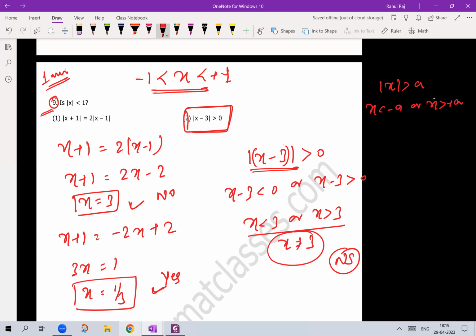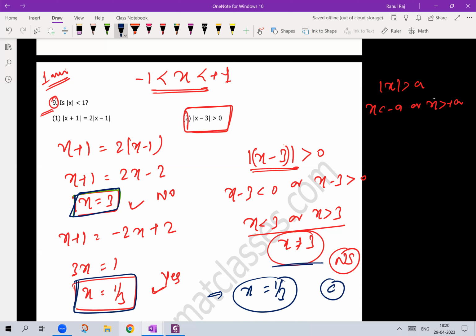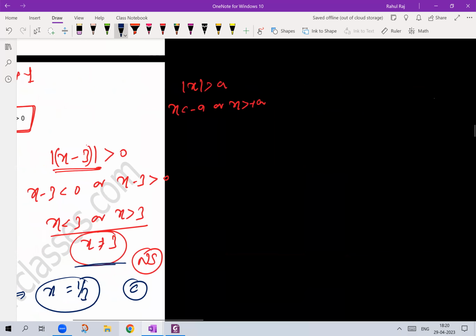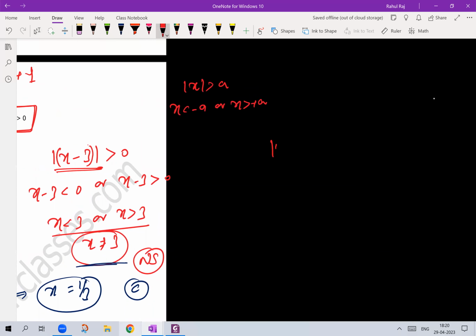But when you combine this, what happens? X is equal to 3 and 1 by 3 from option number 1. Option number 2 says x is not equal to 3. So when you combine them, x is equal to 1 by 3. And 1 by 3 lies between -1 and 1. Correct? So when you see mod of x minus 10 greater than 0, it simply means x is not equal to 10.